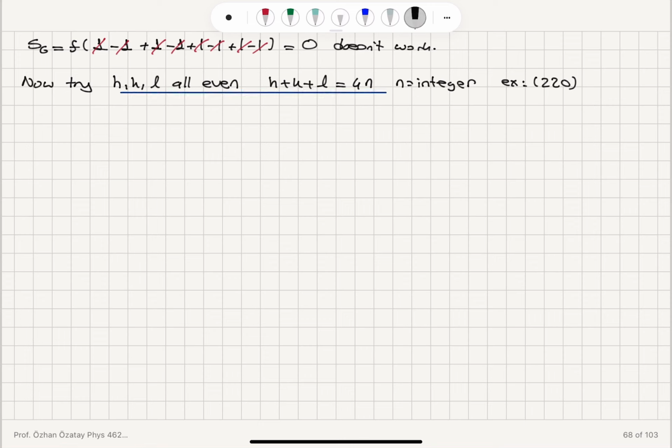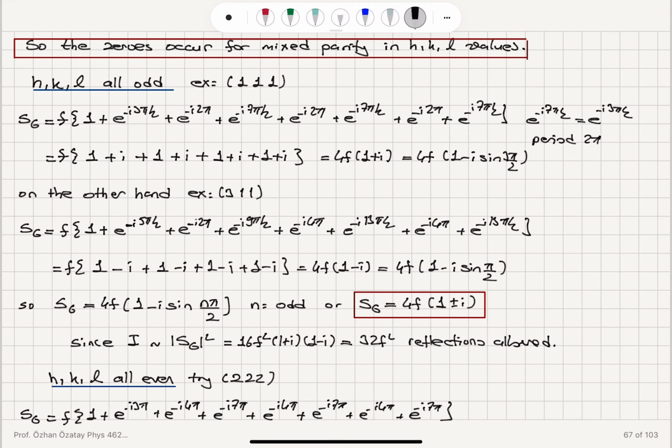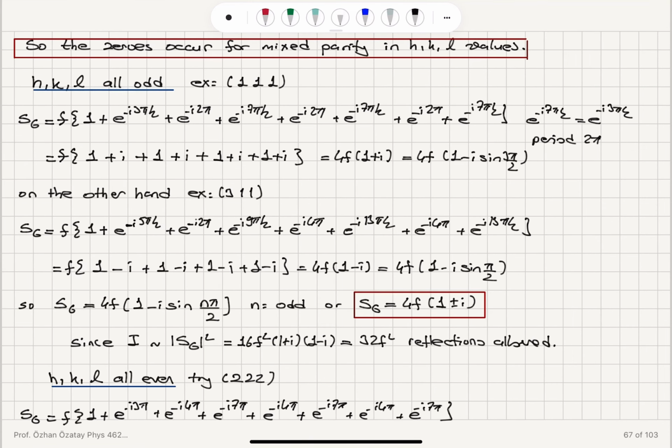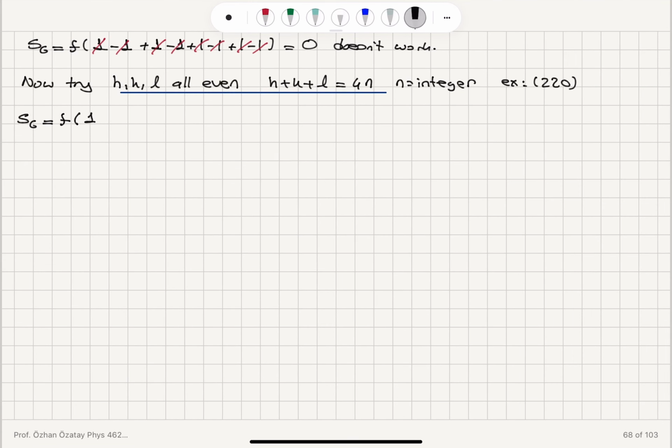For this one, the geometrical structure factor becomes F times 1. So let's try 2 2 0 here. 2 2 4 divided by 2 gives us e to the minus i 2 pi. e to the minus i 2 pi.